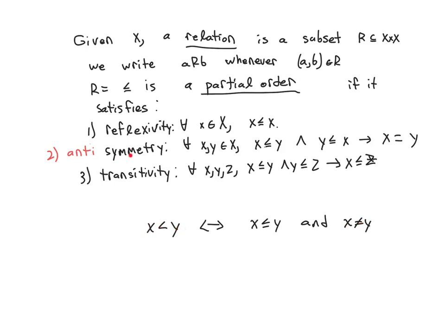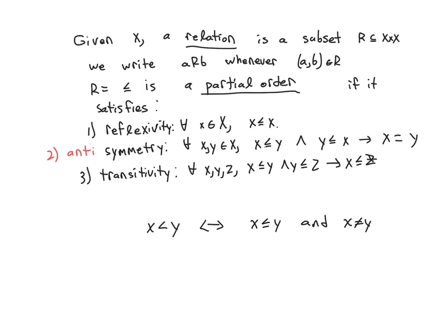And it has no symmetric pairs at all. If X is strictly less than Y, then Y cannot be strictly less than X. But it is in fact transitive. However, for proof purposes, for some strange reasons, it's become more traditional to use the less than or equals sign. But you often see this notation as well. And so this is the notion of a partial order.